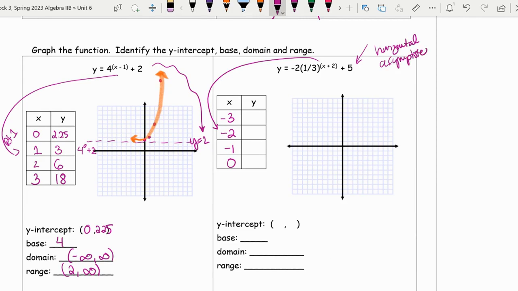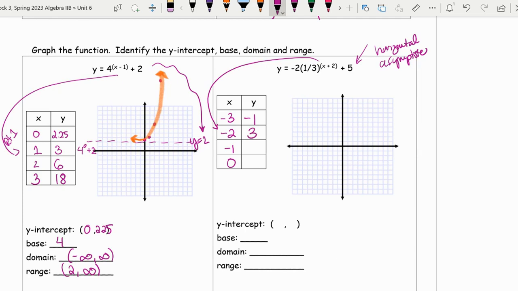All right, so use your calculator. So do negative 2, parentheses, 1 divided by 3, raised to the negative 3 plus 2. And then plus 5. And so you are at negative 1. Negative 2, so just change that negative 3 to a negative 2. And you get 3.